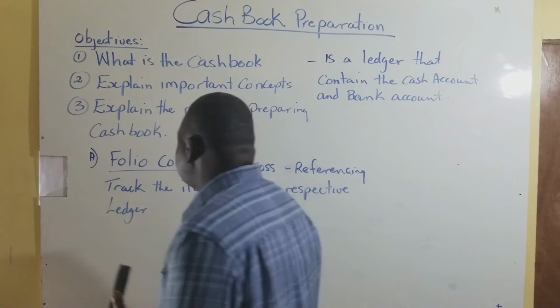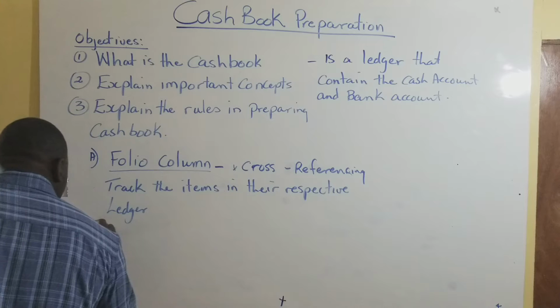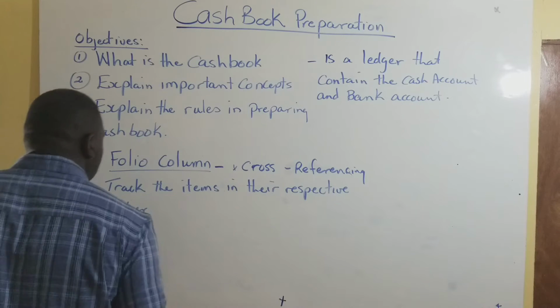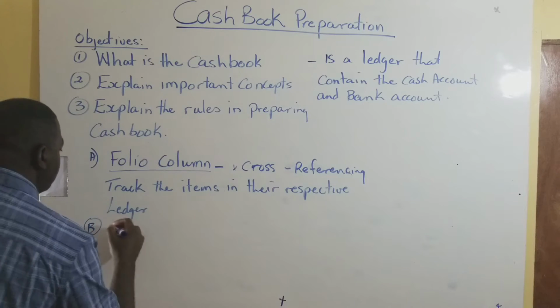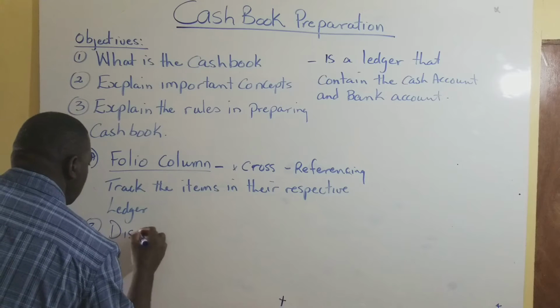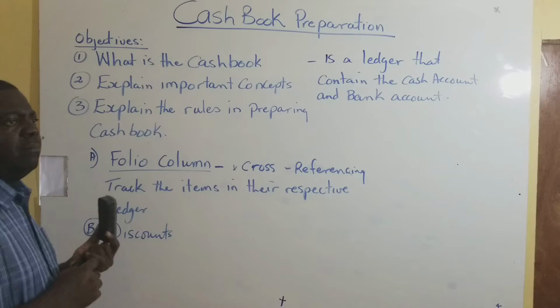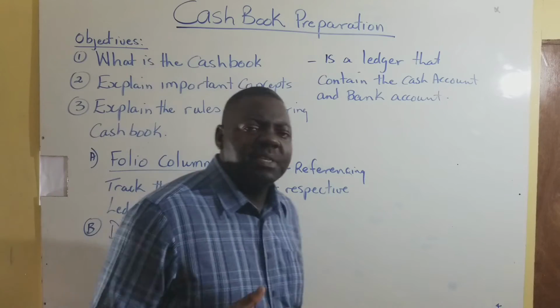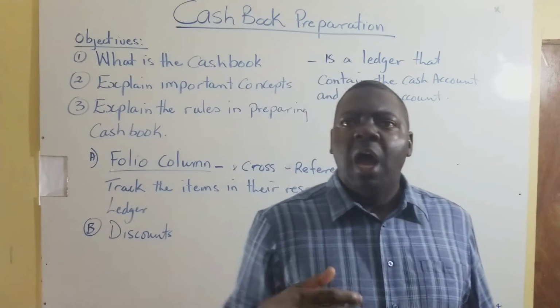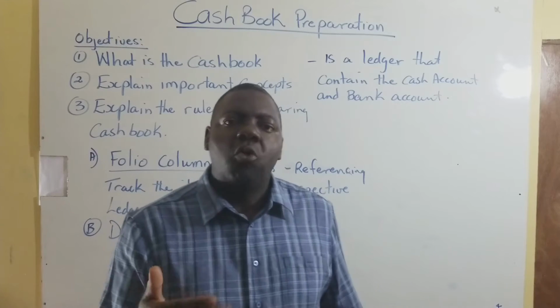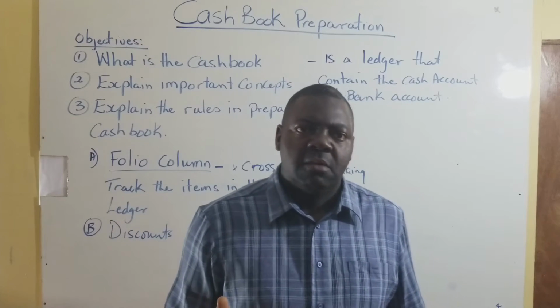All right? The other concept that we would like to talk about in the cash book is what is called discounts. Yes, discounts. The concept of discount is really about a reduction in the original price, right?